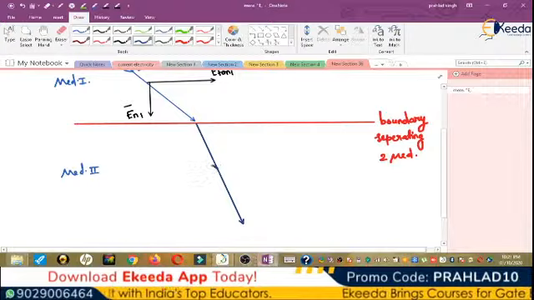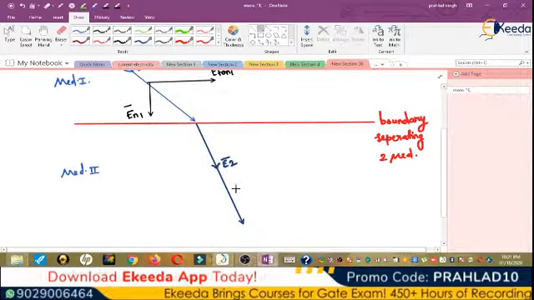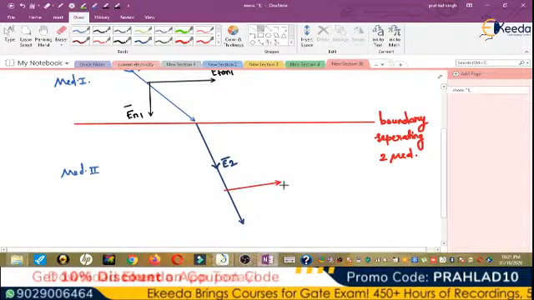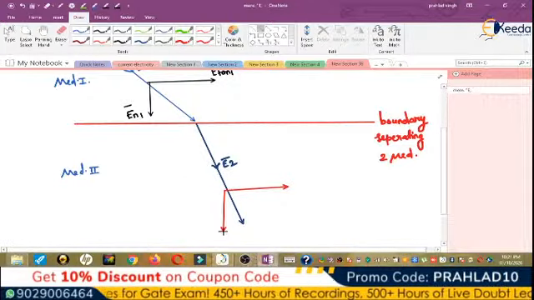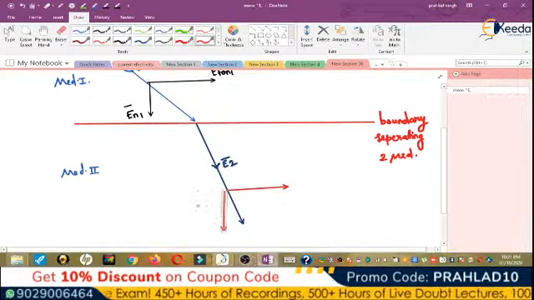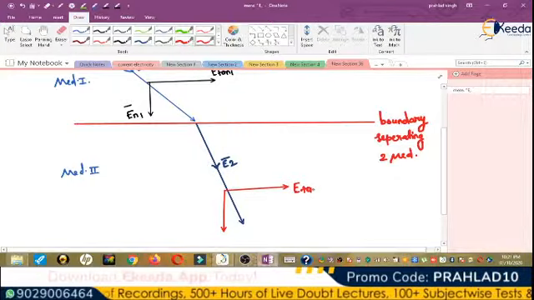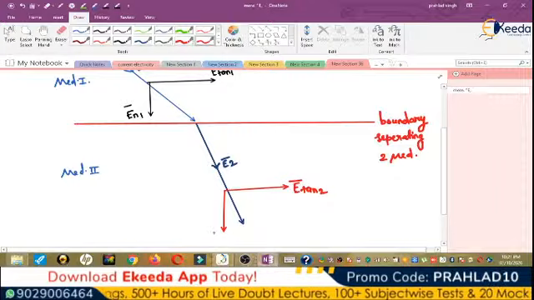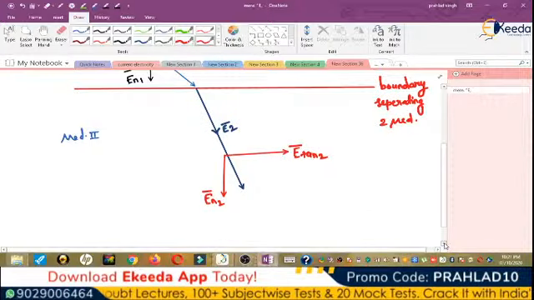This is E2. This is Et2, and this is En2. They are the normal components, right?